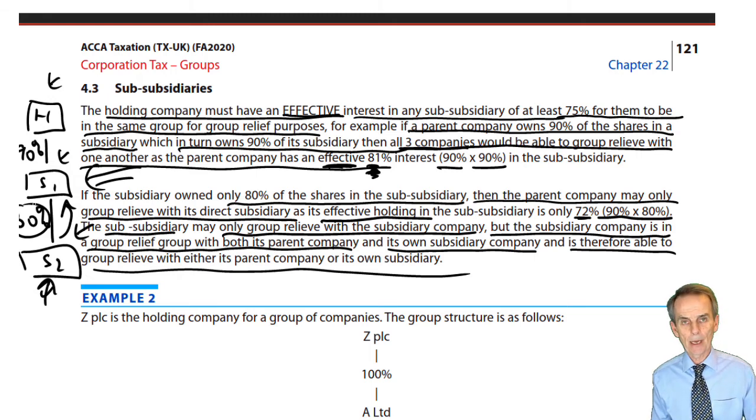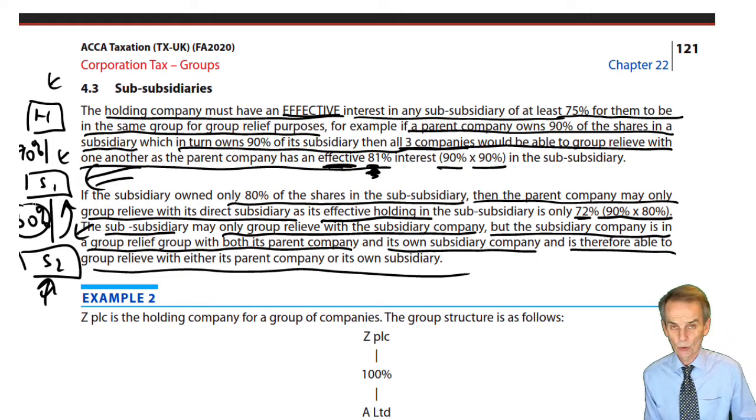So if it made a loss, it could surrender that loss to either H, its parent company, the holding company, or S2, its subsidiary. If either S2 or the holding company had made a loss, S1 could be a claimant company and take that group relief from that other company. But H could only group relieve with S1, and S2 could only group relieve with S1.